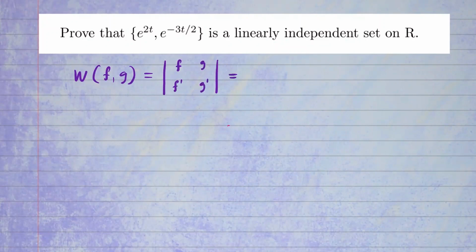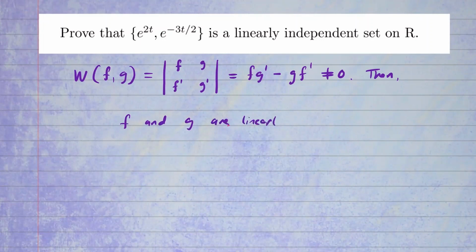This is equal to f times g prime minus g times f prime. And if this is non-zero, then we can say that f and g are linearly independent.